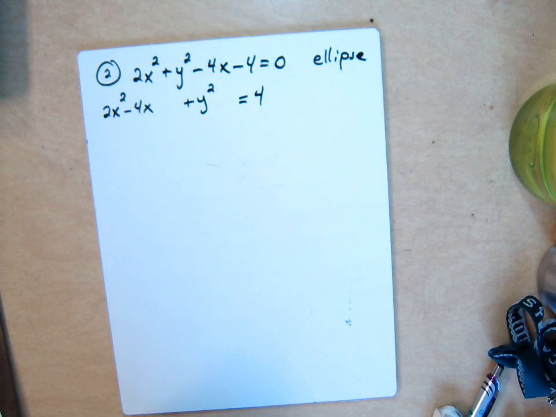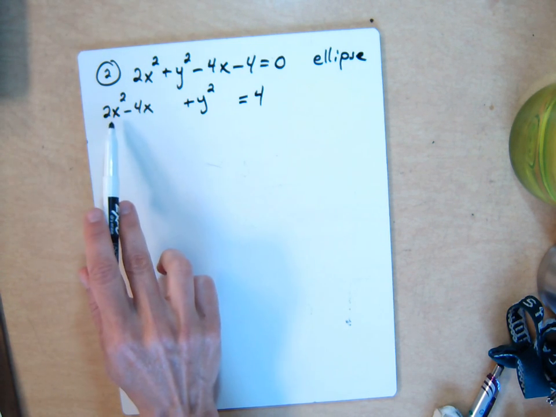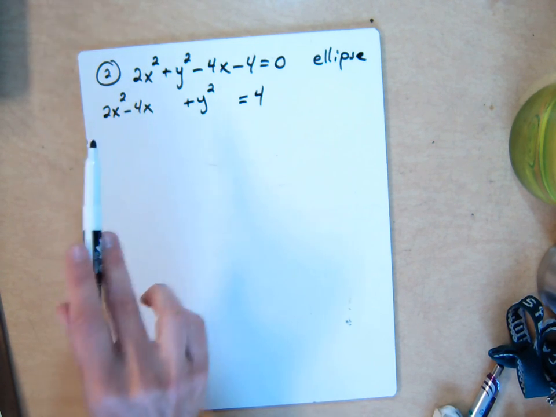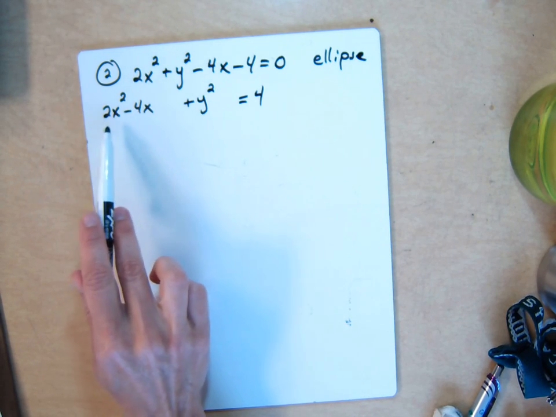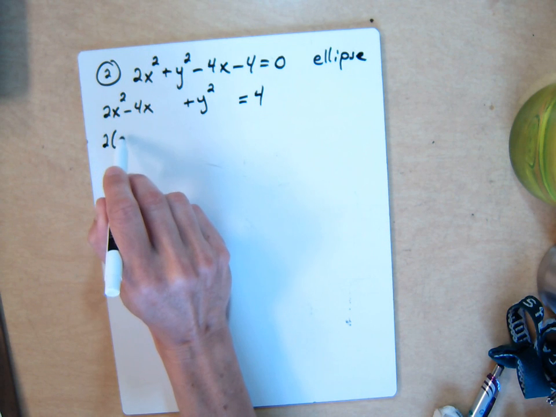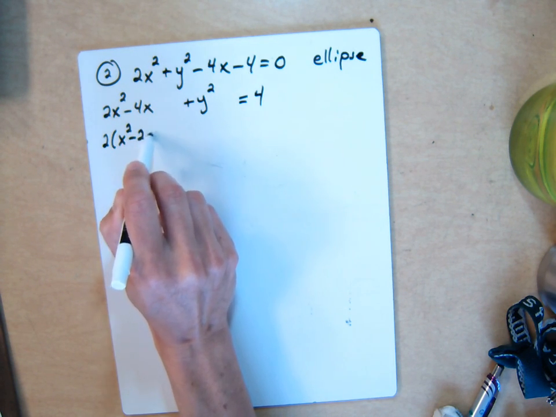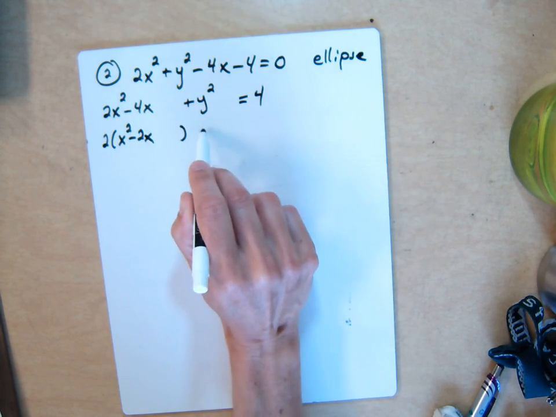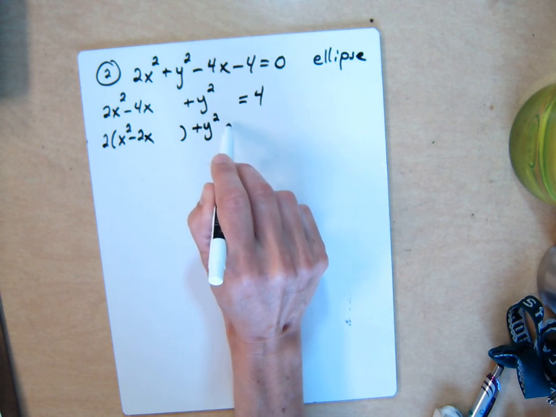Now, there's one thing I've avoided talking about, but it's okay because I'm talking about it now: if there's a leading coefficient here, you have to factor that out. You can't complete the square with some number in front. So we're just going to factor that out. And now I'm just going to recopy everything else as is.